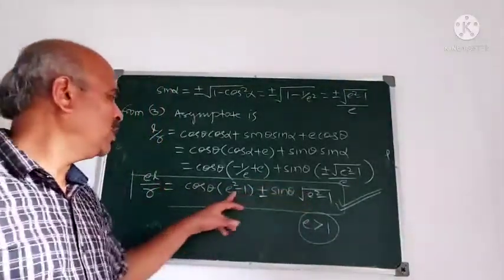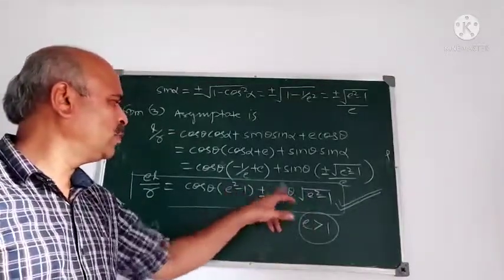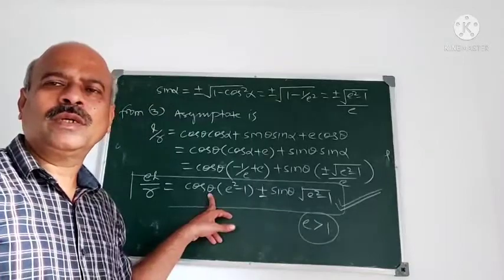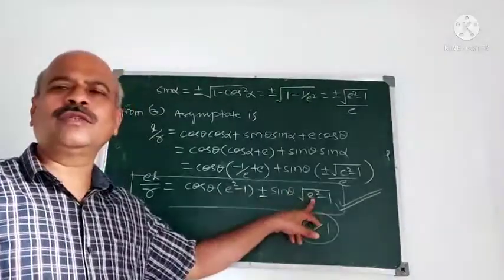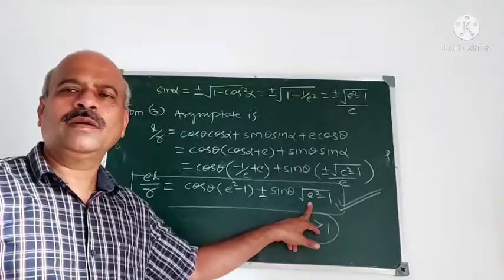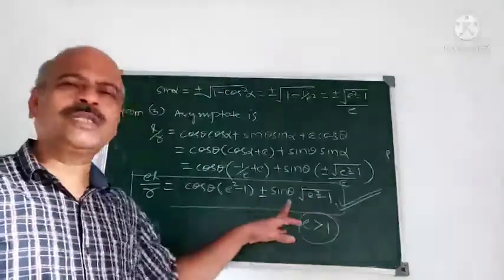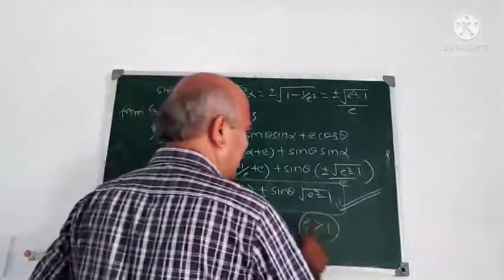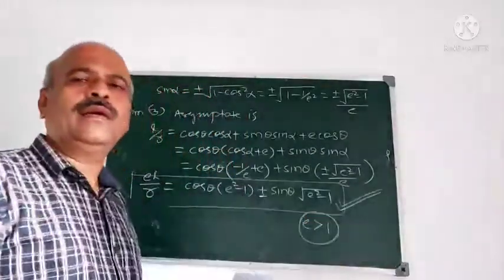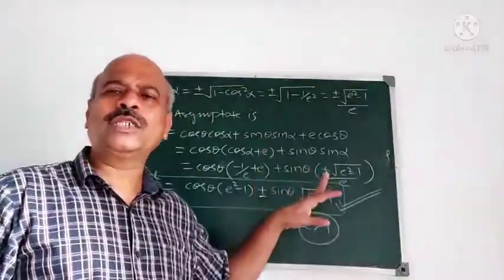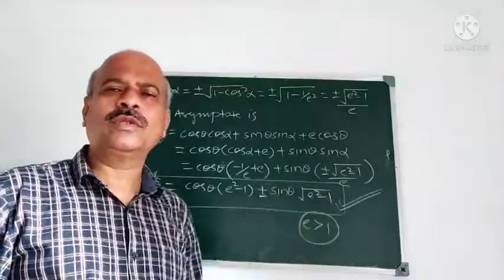You will not have any equation, because these two become 0. You will not have any asymptote. Suppose E less than 1, then also you will not have any asymptote, because this becomes imaginary. This must represent some real line. Therefore, only when E is greater than 1, we will get a pair of asymptotes.